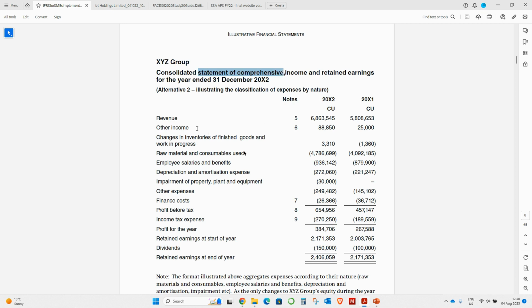For instance, let's say you received money last year from your customers. That money will not be recorded in your statement of comprehensive income. So here you only put all the transactions that happened within a set period of time. For instance, if it says for the year 31st December, it means it's all the transactions from 1 January to 31st December, nothing else.